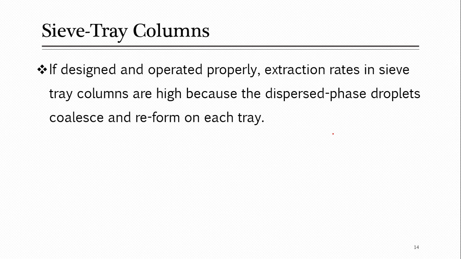Overall, based on experience, it is seen that if you design and operate them properly, these are very good for extraction, as compared to the two static devices just discussed before this, the packed as well as the spray column. So they perform better than them. The reason behind that is that dispersed phase droplets break and reform on each tray.